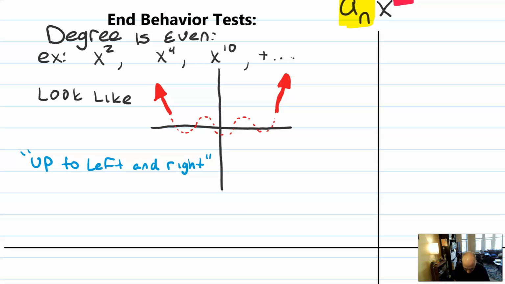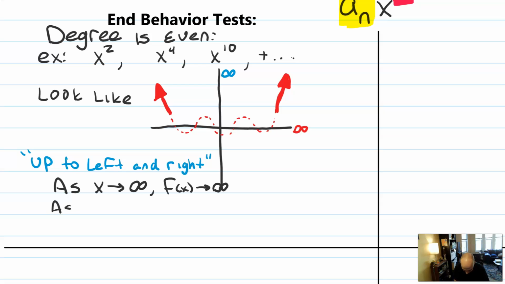So a more formal way to say it would be as x approaches infinity, f of x also approaches infinity. So in this case, I'm saying as x approaches infinity on the x-axis, f of x approaches infinity on the y-axis.